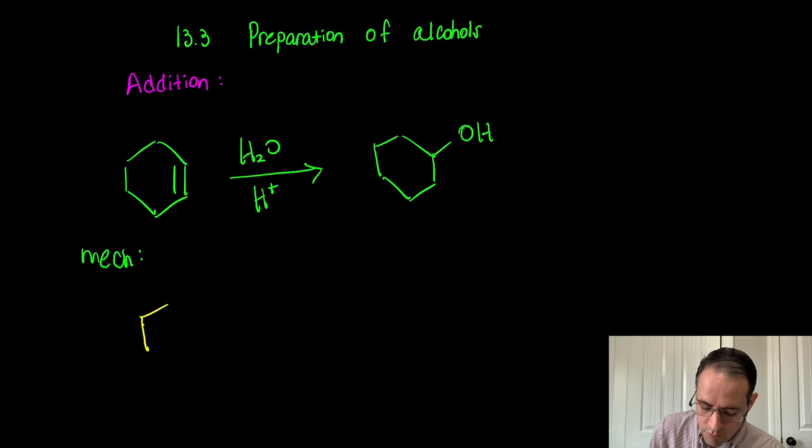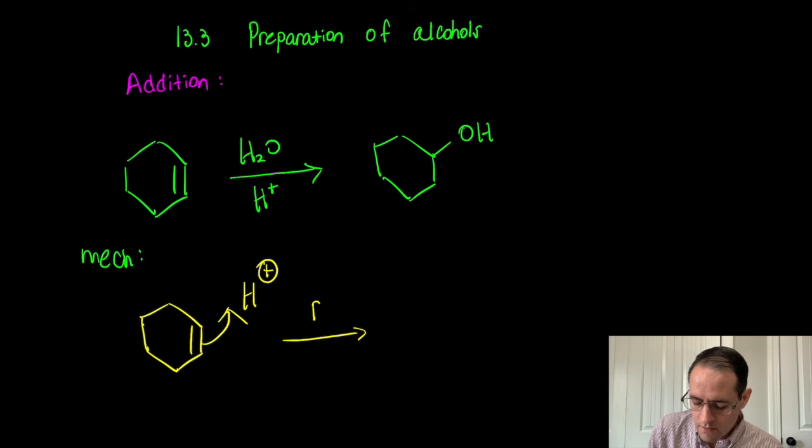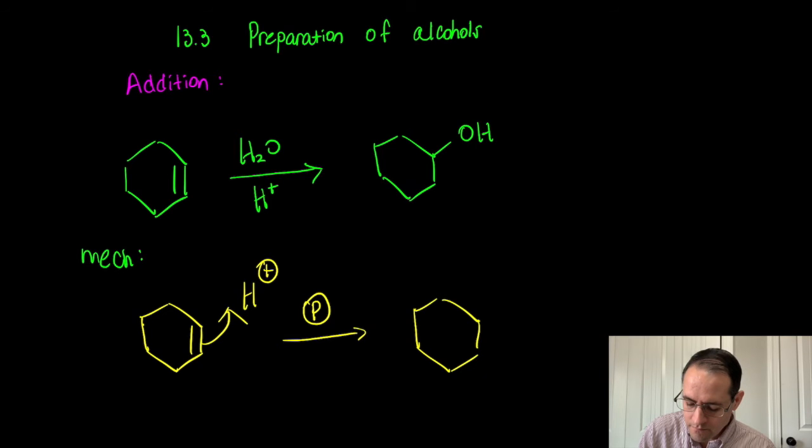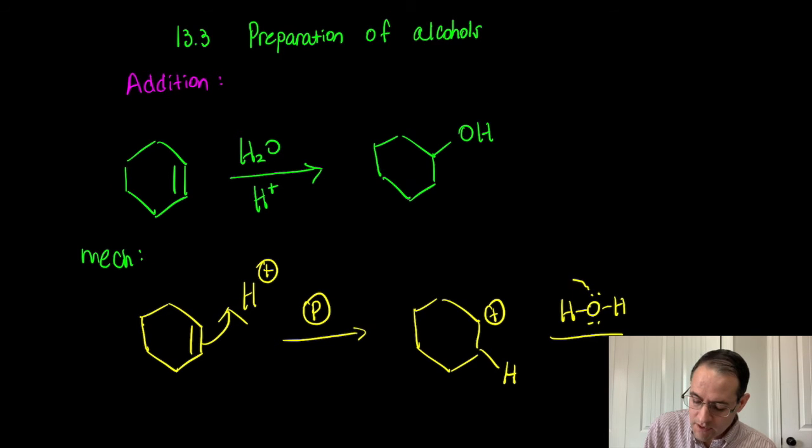In the first step, we're going to have protonation occur between the alkene and our acid catalyst, okay? And we're going to form a carbocation. So I'll draw a little H there so we can see where it went. In the second step, we have water attacking the carbocation, okay?